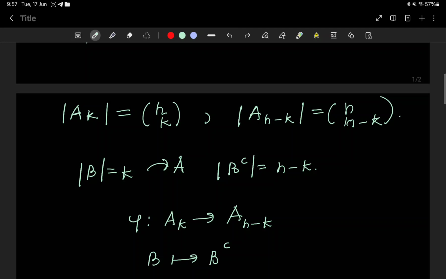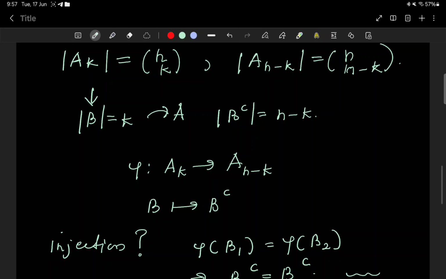So how do I construct a function from A_k to A_(n minus k)? How do you construct a bijection? My simple idea is, if B is one of the subsets of A and it contains k elements, then what about the complement with respect to the set A? It contains n minus k elements, because the union has to be the whole set A, right?